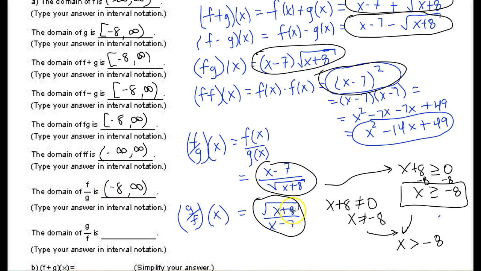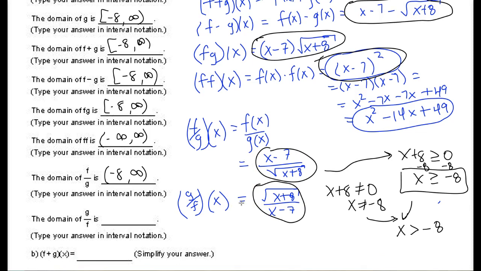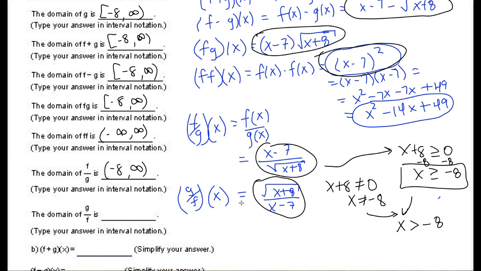Now for g divided by f, this one is a little different. We actually have both restrictions in this case. So here, since the square root of x plus 8 is in the numerator, we know again that x plus 8 has to be greater than or equal to 0, which, according to what we saw here, means x has to be greater than or equal to negative 8. But simultaneously, we see that we have x minus 7 in the denominator, and if we plug in a 7 here for x, that will create 0 in the denominator, which we can't have.